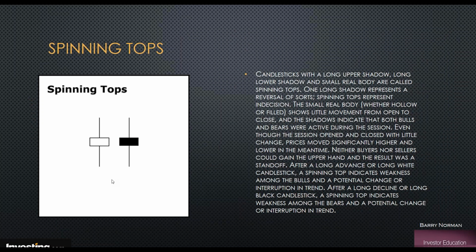Now, we have another single candle, and it's called a spinning top. A spinning top has an equal distance wick and a small body. A candlestick with a long upper shadow and a long lower shadow and a small body is called a spinning top.